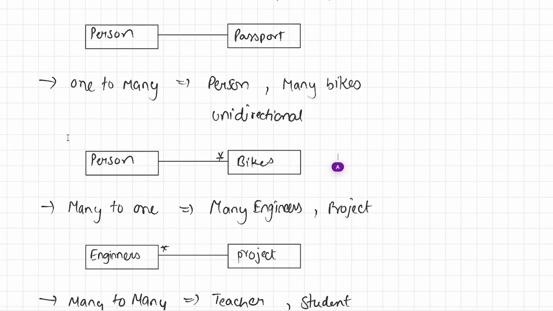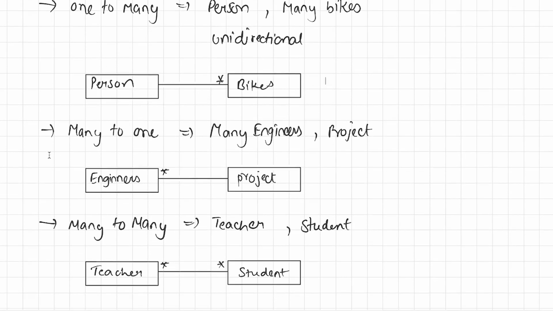So a straight line represents a relationship. Now we want to represent a one-to-many relationship, so we are using an asterisk symbol here. And this asterisk symbol represents that this is a many relationship, which means one person can have multiple bikes or many bikes, right? So this is how we represent a one-to-many relationship using UML.